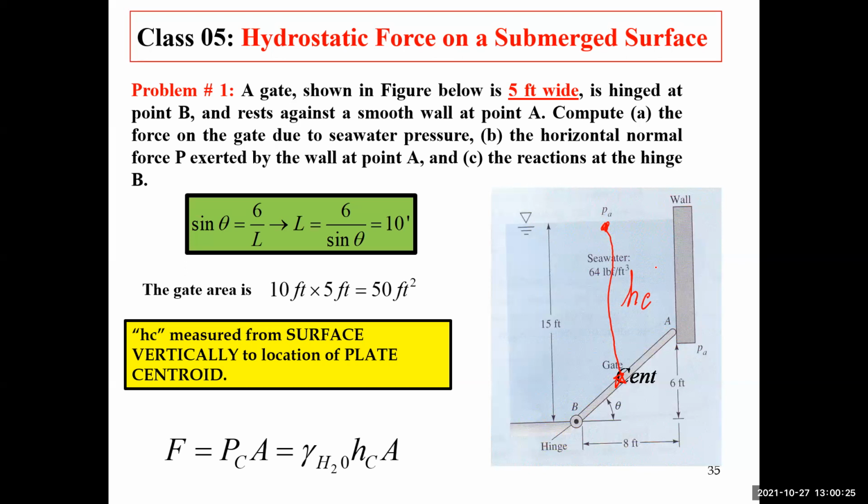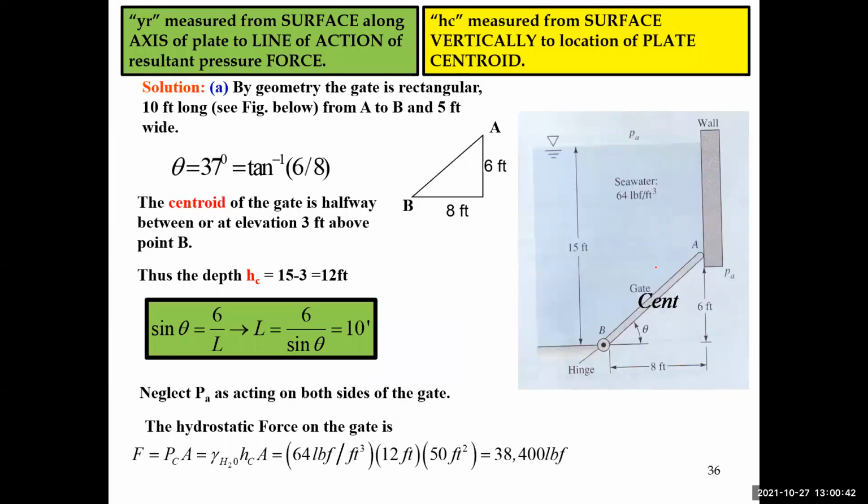It does not matter about the geometry. It doesn't matter if it's completely submerged or submerged 100 feet beneath the surface. H sub c is always measured from the surface vertically downward to the centroid. So we need to find the value of H of C.